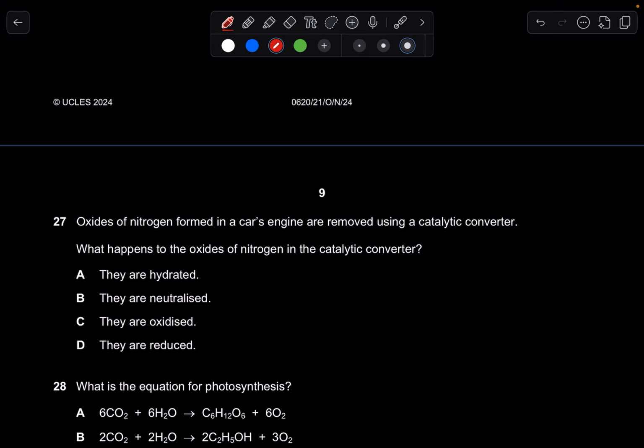Okay, oxides of nitrogen formed in car engines are removed using a catalytic converter. What happens to the oxides of nitrogen in the catalytic converter? Basically, they are converted to nitrogen. So you have NO, and you're going to convert it into N2 plus O2. So there's a 2 over here.